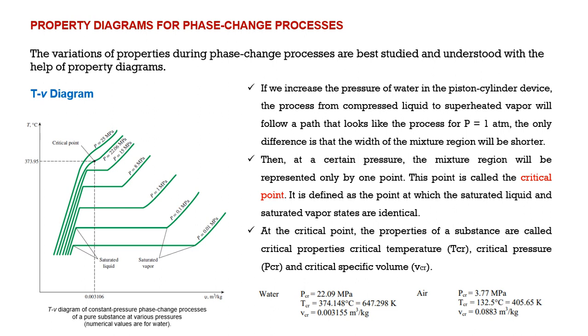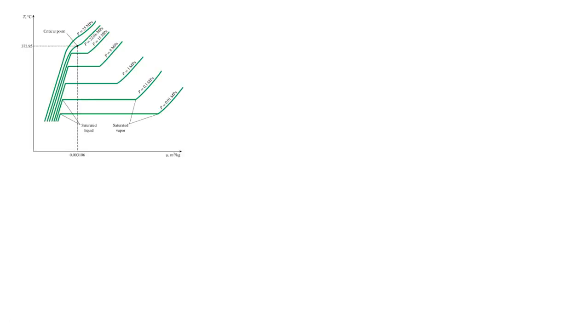It is a single point for phase transformation. At a low pressure value, the region of heat transformation for the phase change process is large, and compared with that, at higher pressure it becomes smaller, and finally it becomes a point. At that point, it suddenly changes from liquid into vapor.